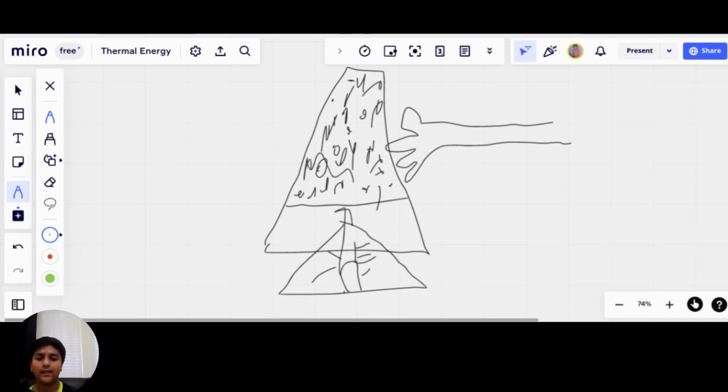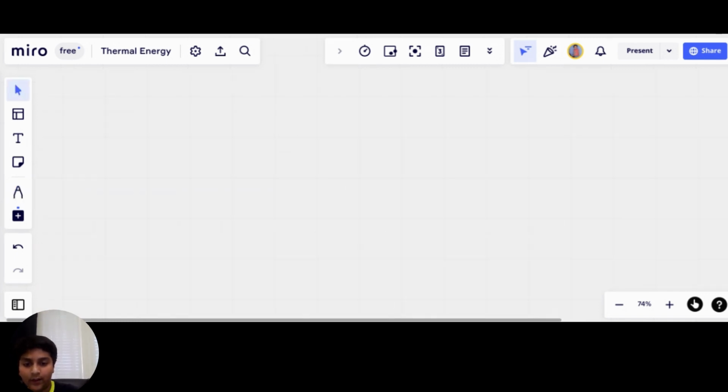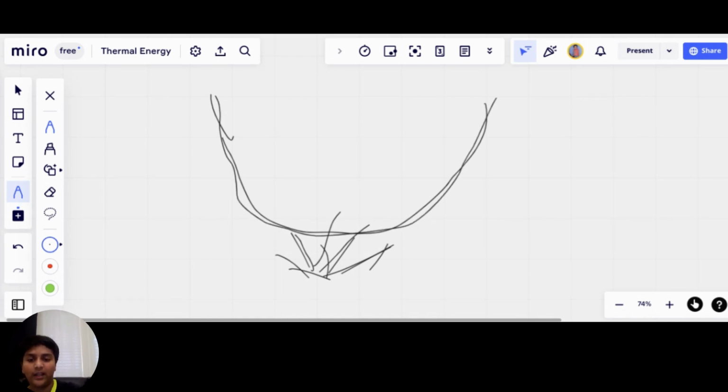Now, let's say that we're cooking. Let's take the example of me cooking. Here we have our flames, and then here we have our pot. I'm making pasta.